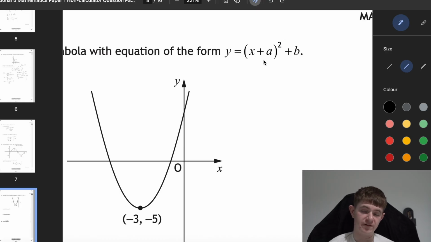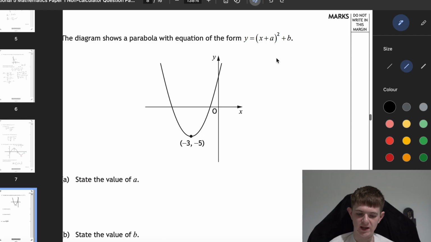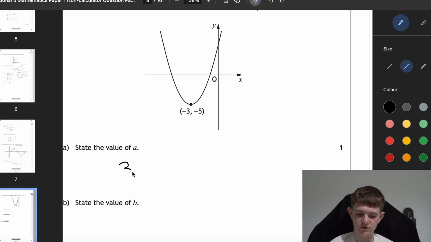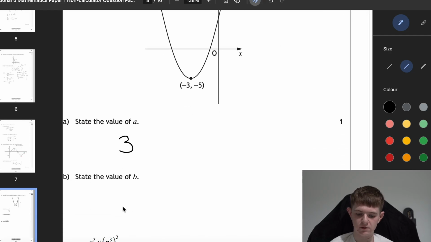So it must have gone from 3 to -3 to get out of the bracket. B is just -5, nothing changes with that outside the bracket. That must mean that A, rather than being -3, is just going to be 3. So the value of A is 3, the value of B is -5. But again, if you don't know, just write something down.